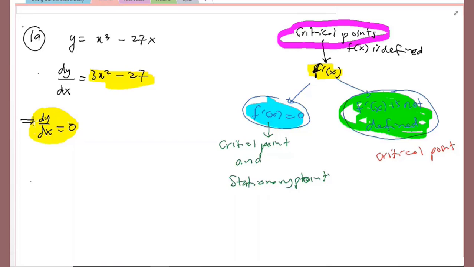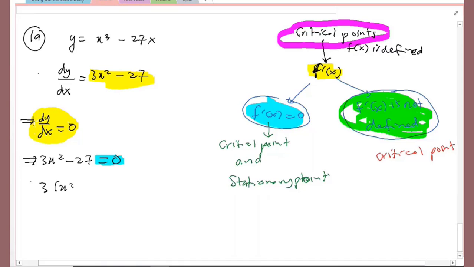So it implies that 3x squared minus 27 is equal to 0, and then factorize. Then x minus 3, x plus 3 is equal to 0, then x is equal to 3, or x is equal to negative 3.